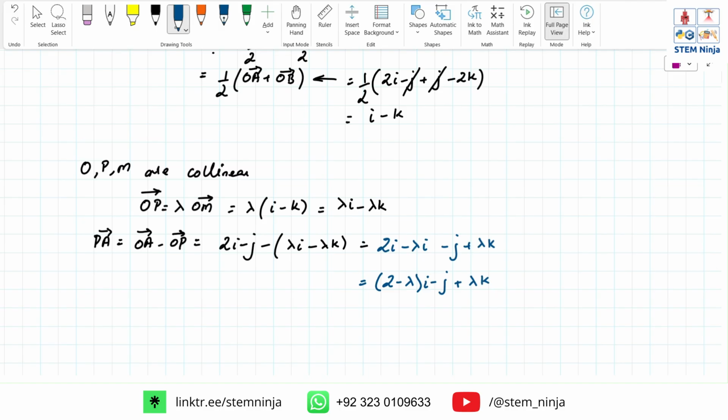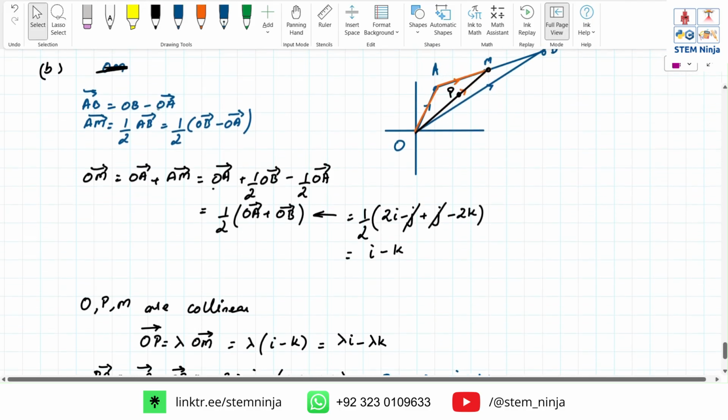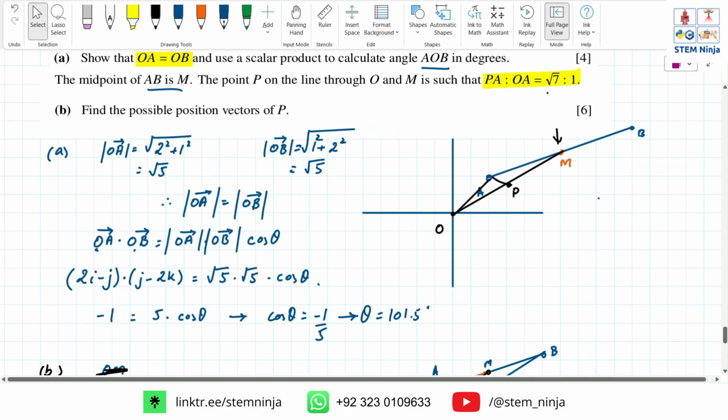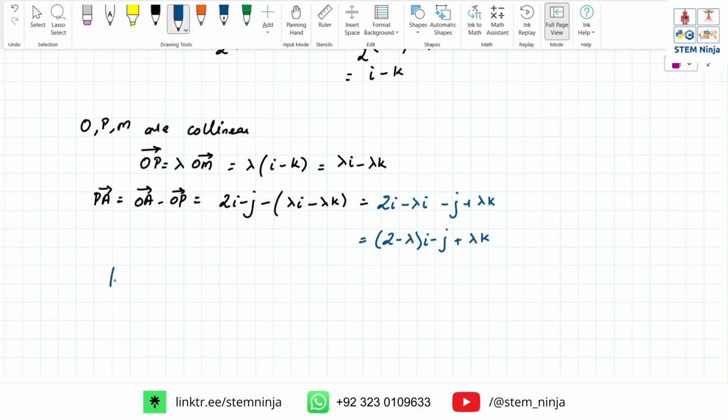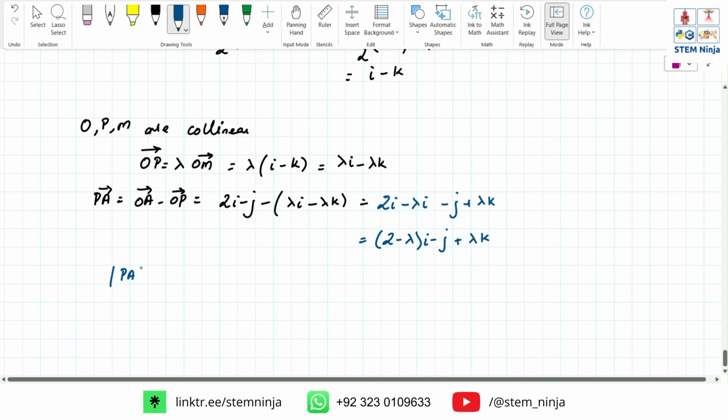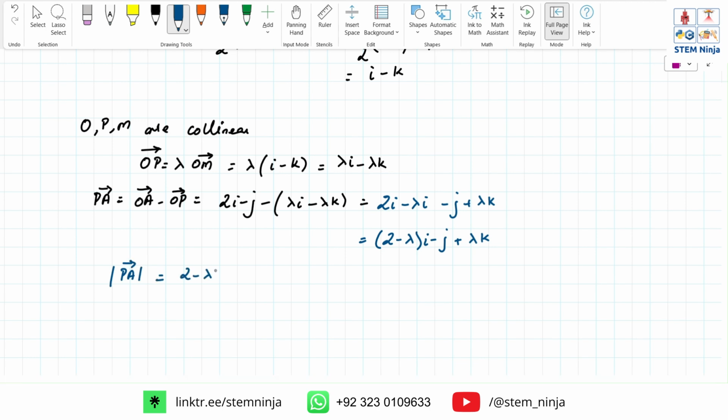Now, we know the magnitude of OA was root 5. We just need to figure out the expression for the magnitude of PA. So this would be 2 minus lambda whole squared plus 1 squared plus lambda squared.